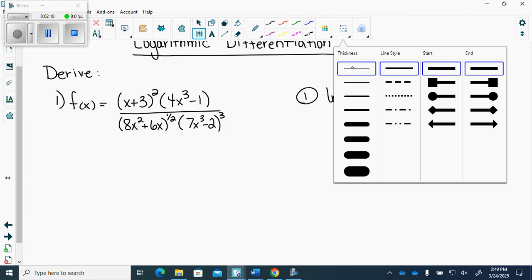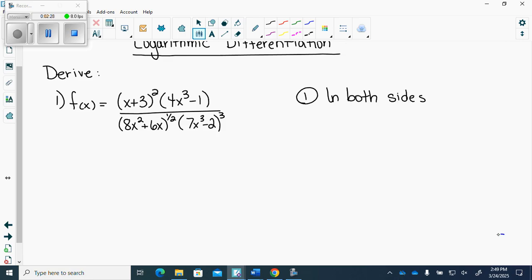If you added a rock to one side, you'd have to add the same weight rock to the other side and still be balanced, correct? So same thing with logarithmic differentiation, we're going to ln both sides, because as long as I do it to both sides, it's good. So I'm going to go ln f of x equals ln of this big convoluted thing.